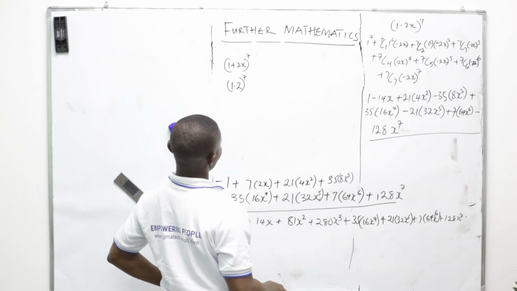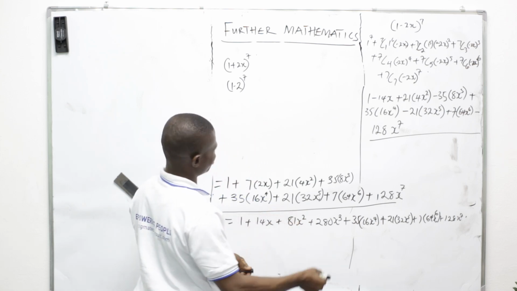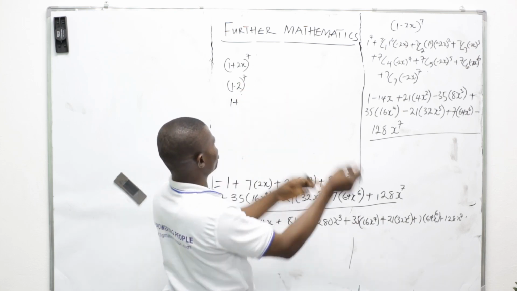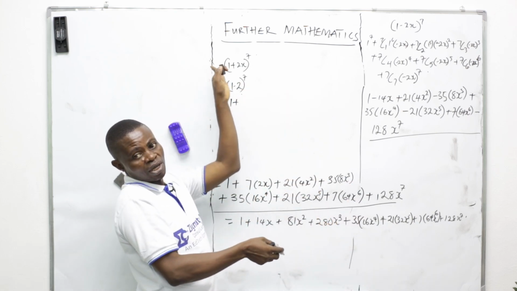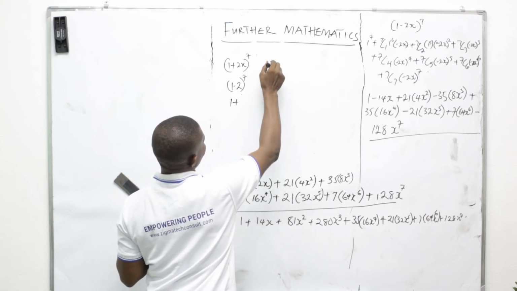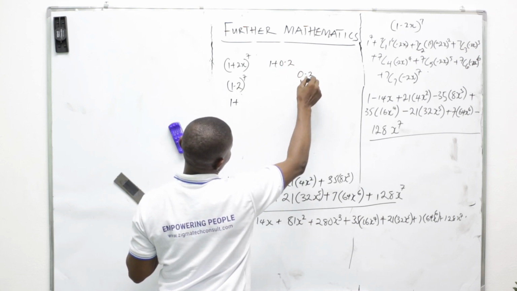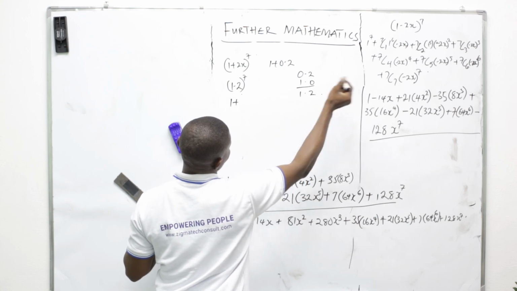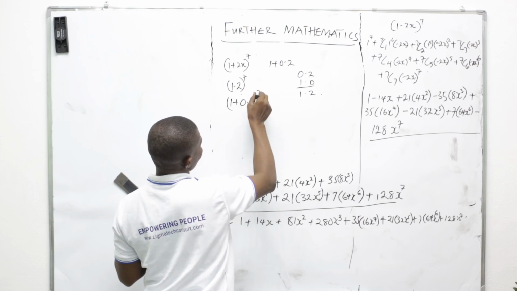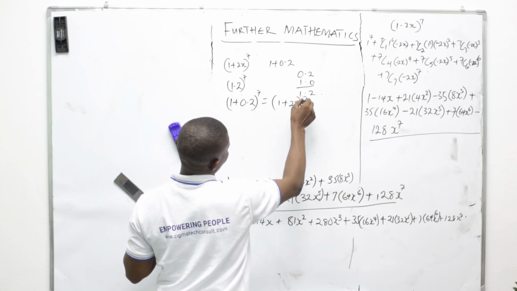Ask yourself, 1 plus what will give you 1.2 so that it can match the original formula? Let's say 1 plus 0.2. Can it give us 1.2? Yes, meaning 1 plus 0.2 all raised to power 7 equals 1 plus 2s all to the power 7.